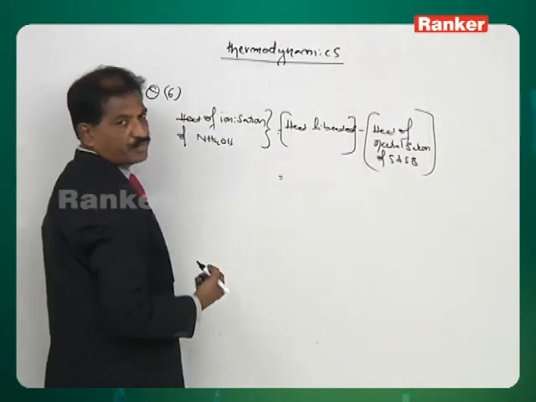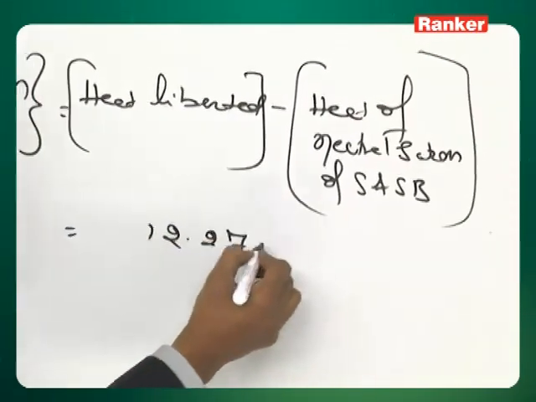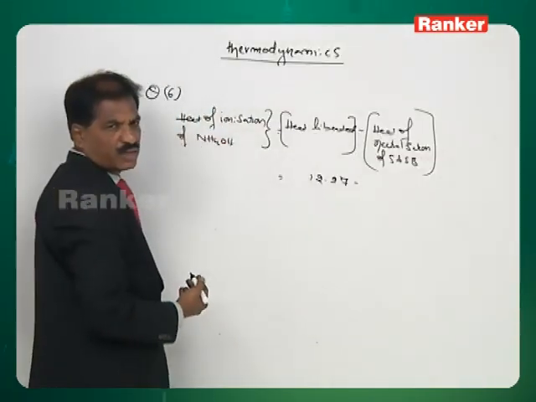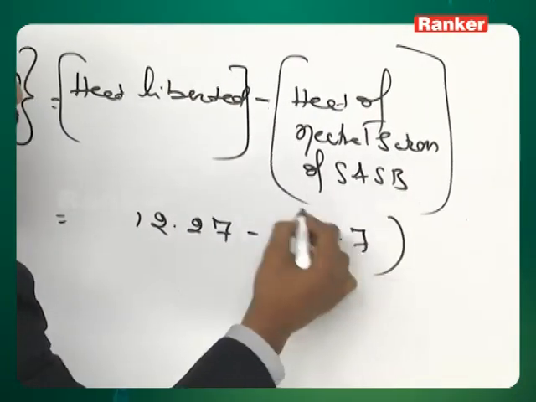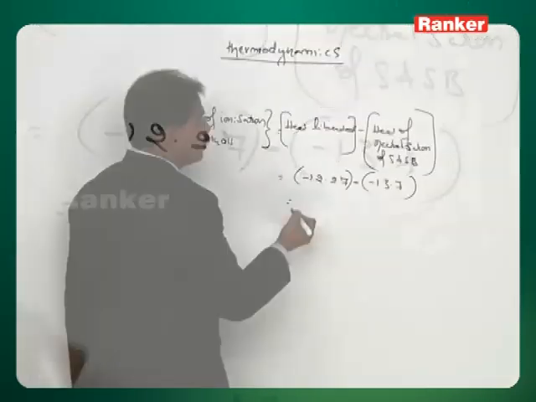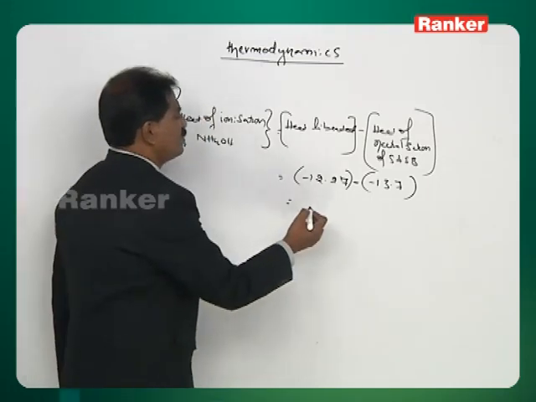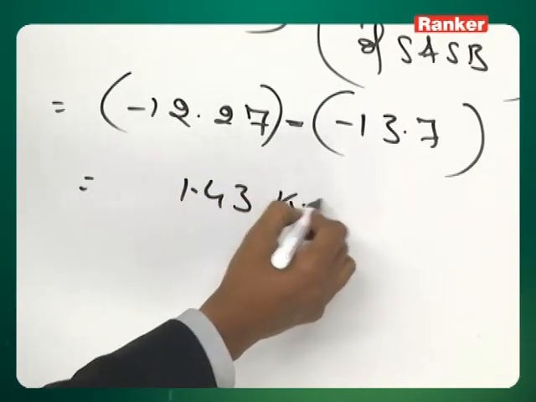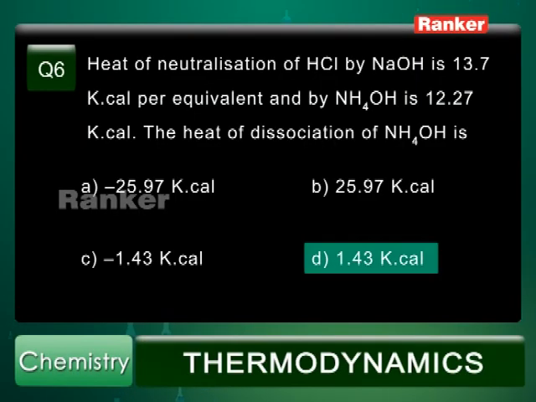Here heat liberated is 12.27 minus 13.7. Therefore, the heat of ionization is 1.43 kilocalories per mole. Therefore, answer is D.